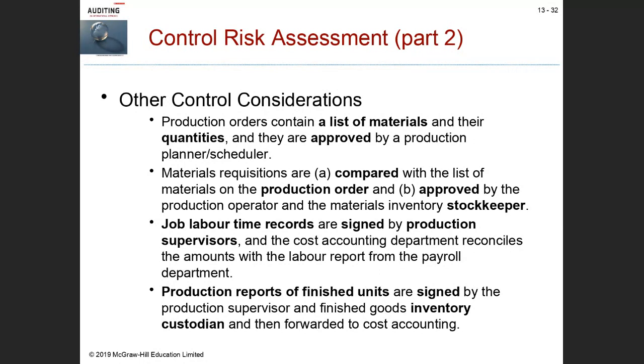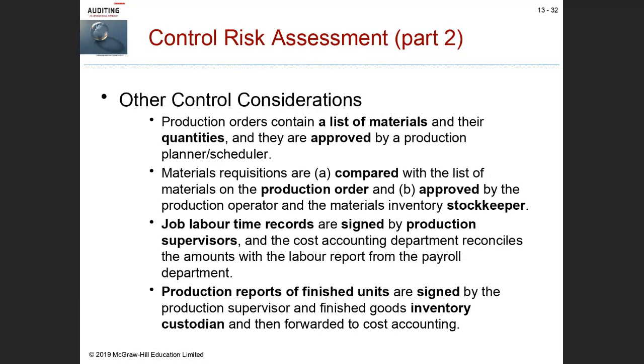The next bullet point, material requisitions, it says are compared with a list of materials on the production order and approved by the production operator and materials inventory stock keeper. So a material requisition is simply if we need goods moved to the actual manufacturing floor, the shop floor, from inventory, that's going to be done on the basis of what?